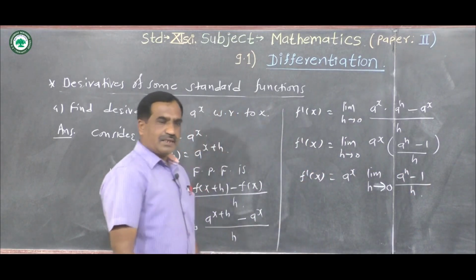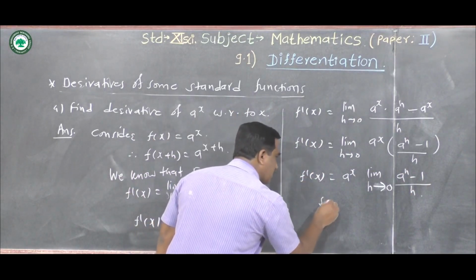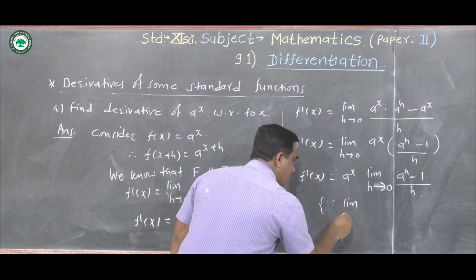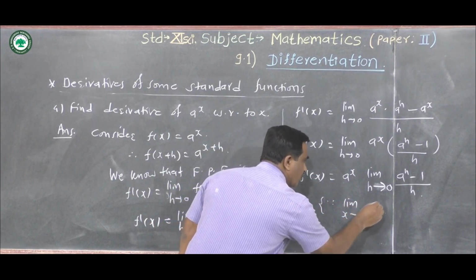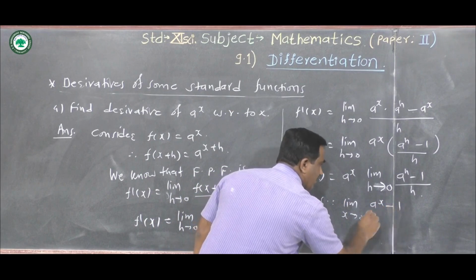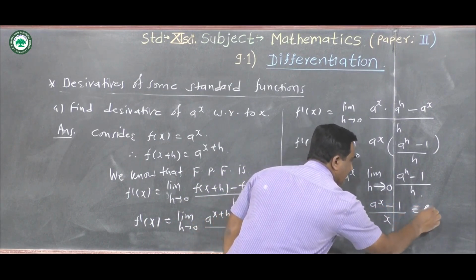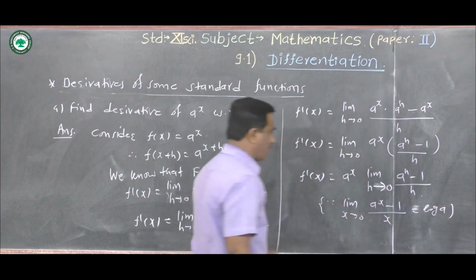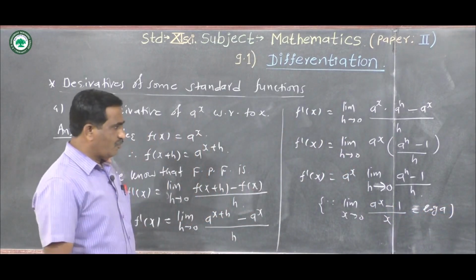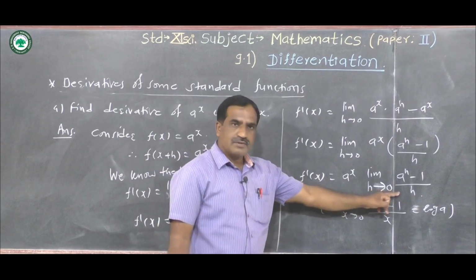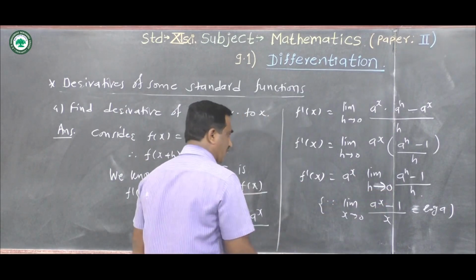But we know the formula: limit x tends to 0 of a raised to x minus 1 upon x is equal to log a. Using this formula, the value of this term is log a.